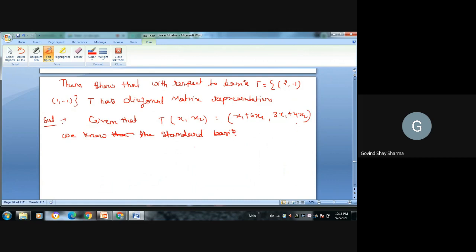The standard basis of R2 is e1 = (1, 0). So we put (1, 0), then we get (1 + 6 into 0, 3 into 1 + 4 into 0), so we get (1, 3).